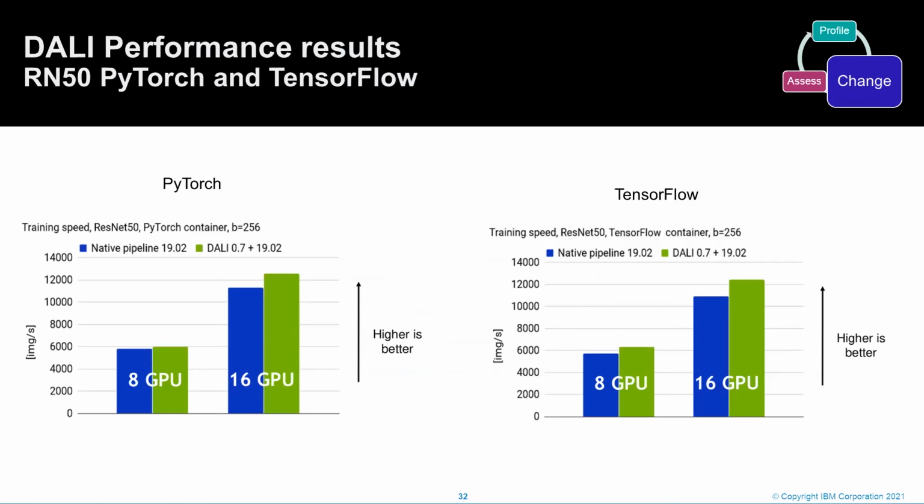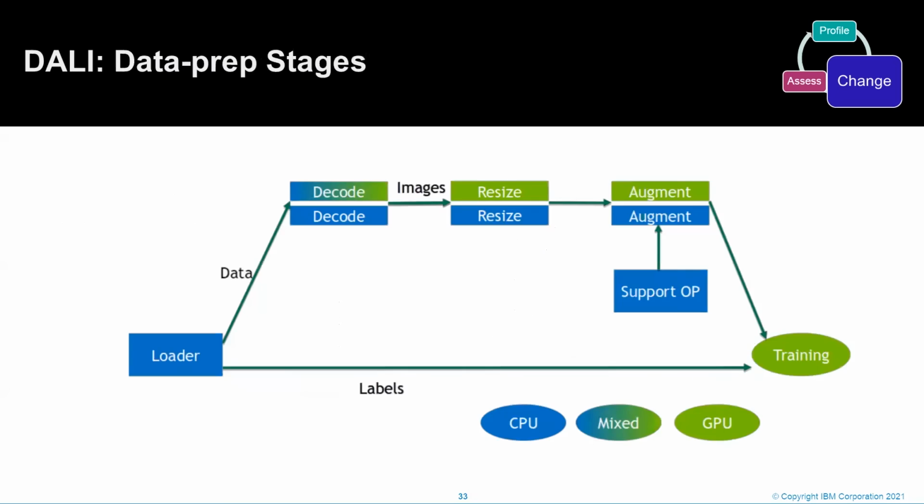The performance is very, very good compared to usually the Python data loader or TensorFlow data loader techniques, and you can gain a few percent of speed up in terms of throughput in your training.